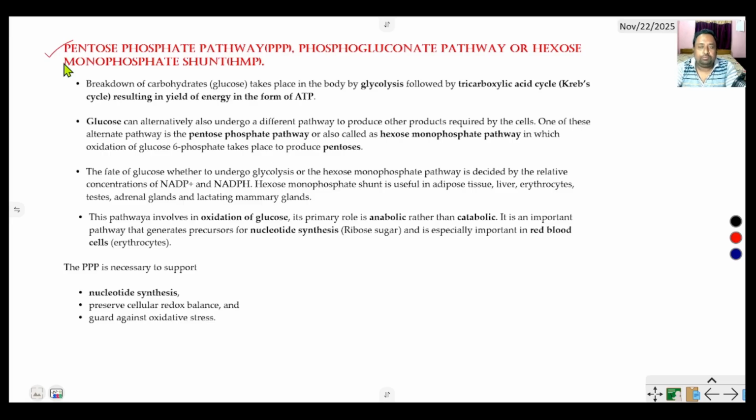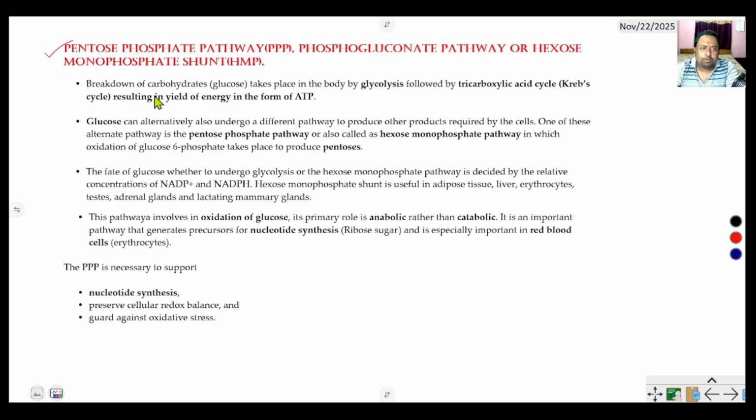Why is this process very important? For example, in RBC there is no mitochondria, but by the hexose monophosphate shunt pathway, the RBC produces NADPH by this oxidation mechanism.